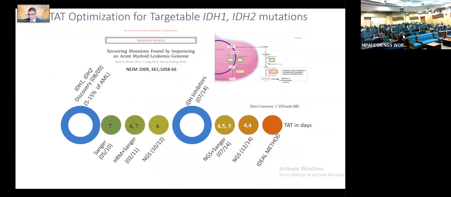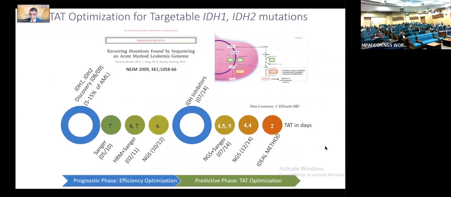However, while we were able to deliver this comprehensive content, the therapeutic field kept moving along. This is an example of our IDH1 and IDH2 assays, for which fortunately there are targeted therapies available, but they would move these biomarkers from being purely prognostic in nature in the earlier phase to actually predictive in nature in the later phase.